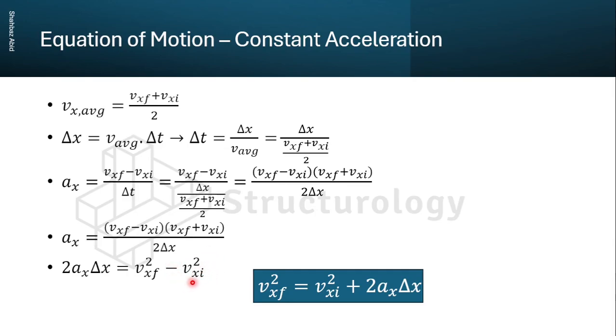Bring the initial velocity to the left and rearrange this formula. It's going to give us the fifth equation of motion, which is going to have no time as a variable. So it's going to be final velocity square is equal to initial velocity square plus 2 times ax times delta x.